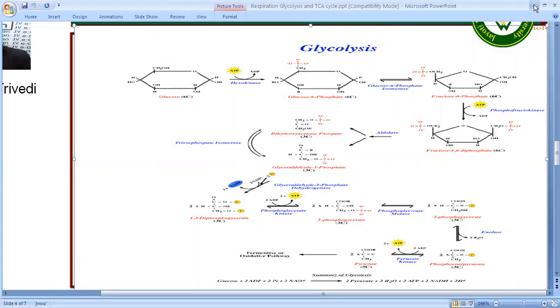Now glucose 6-phosphate is further converted into fructose 6-phosphate in the presence of phosphohexoisomerase.